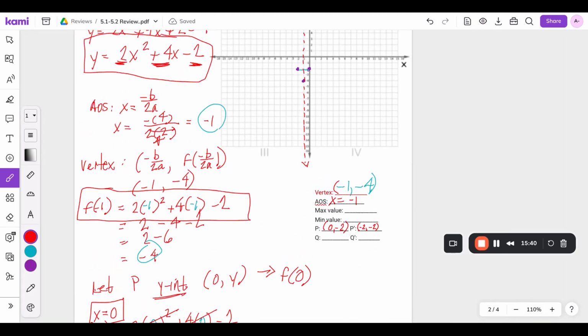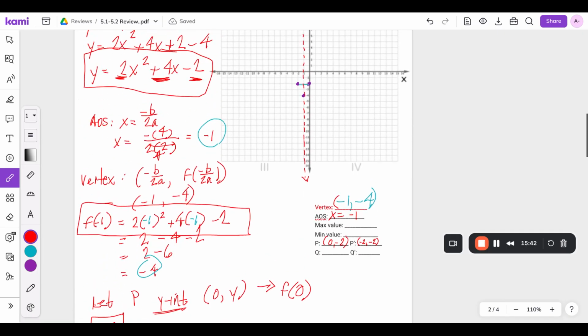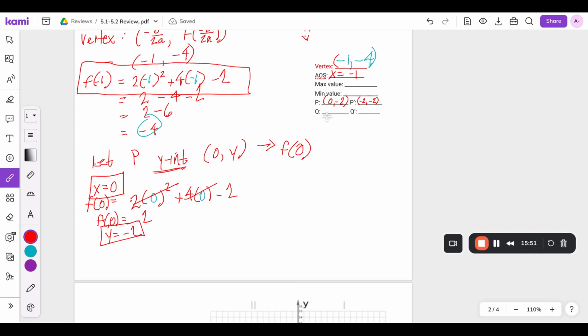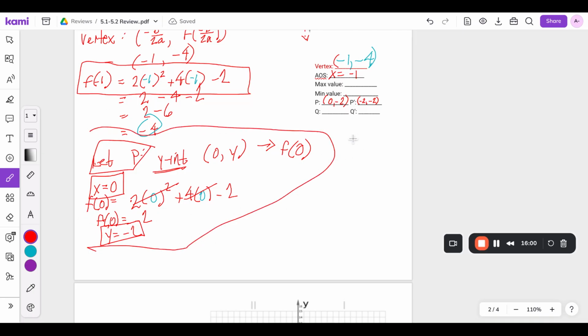All right, on to the next one. Just pick an x value. It's kind of like you're making a table without making a table. So I'm going to pick an x value of 1, and I'm going to find point Q. You're going to let x be 1. Then you're going to find f of 1.